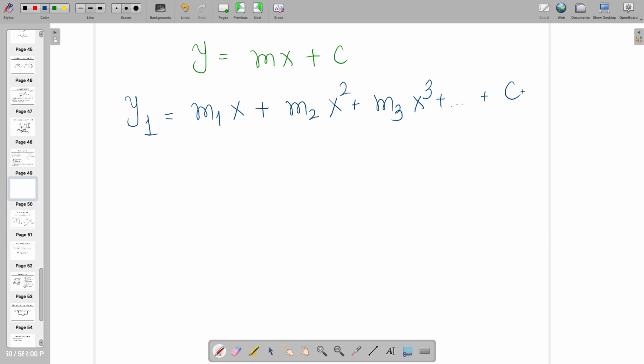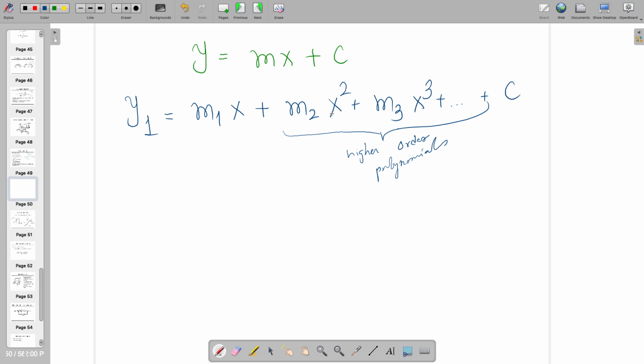If you are having the following kind of equation where y is output, x is input, and c is the initial condition generally, then this equation is non-linear, or you are having higher order polynomials, right?